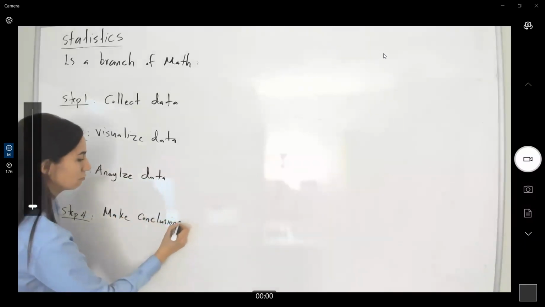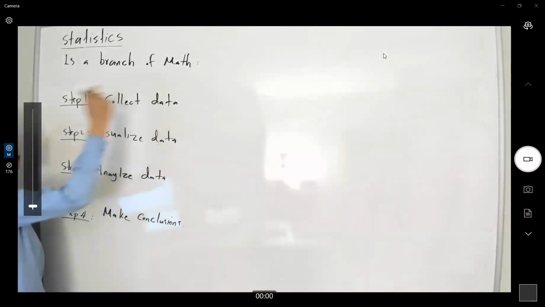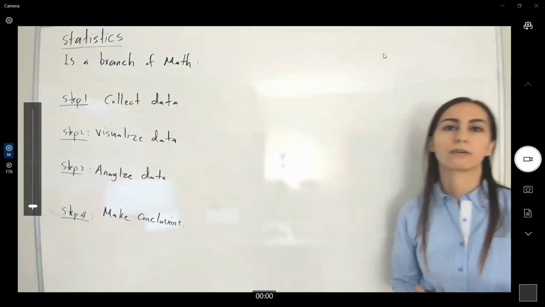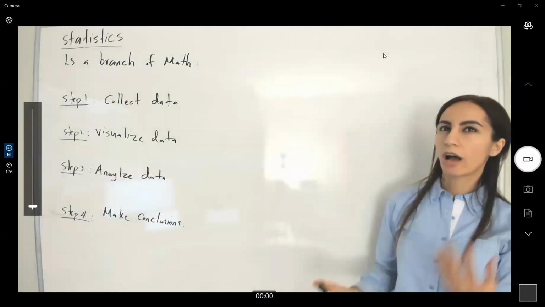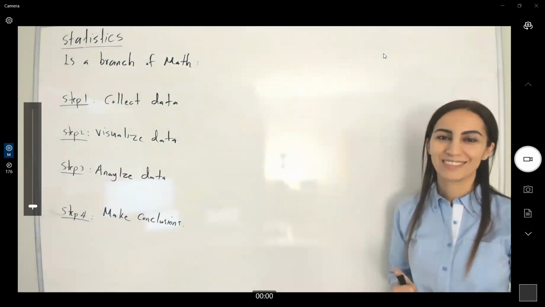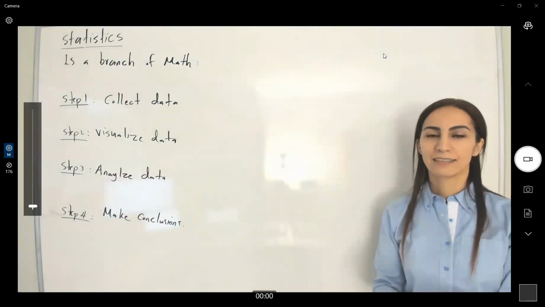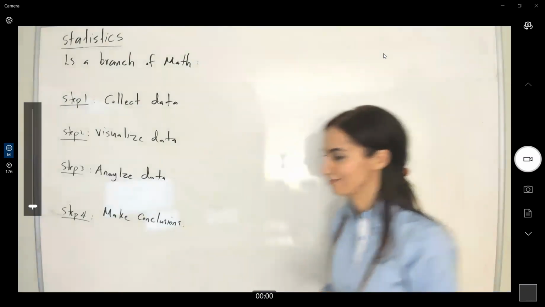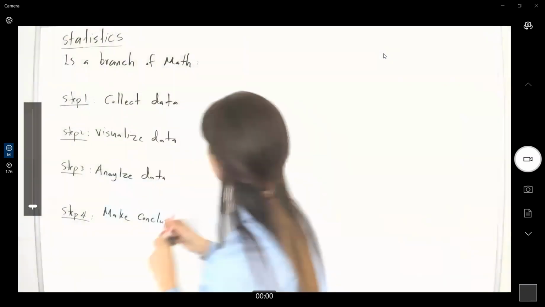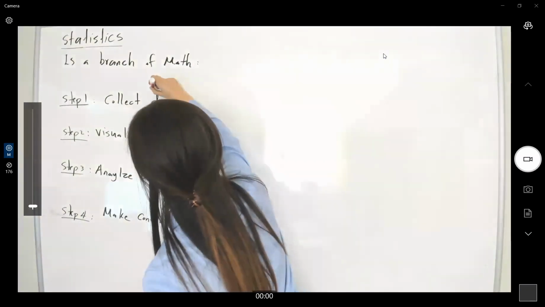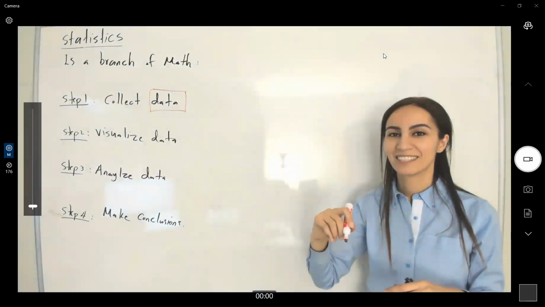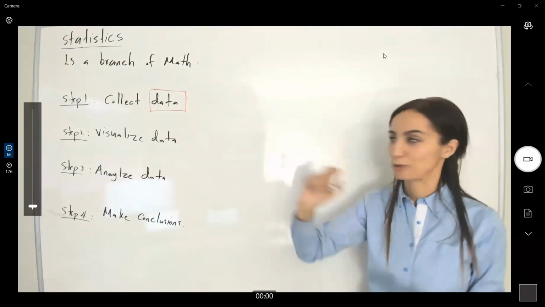Well, so data. How do we classify data? How many types of data do we have? In this class, we're going to deal with two types of data. So our data in this class has two categories.